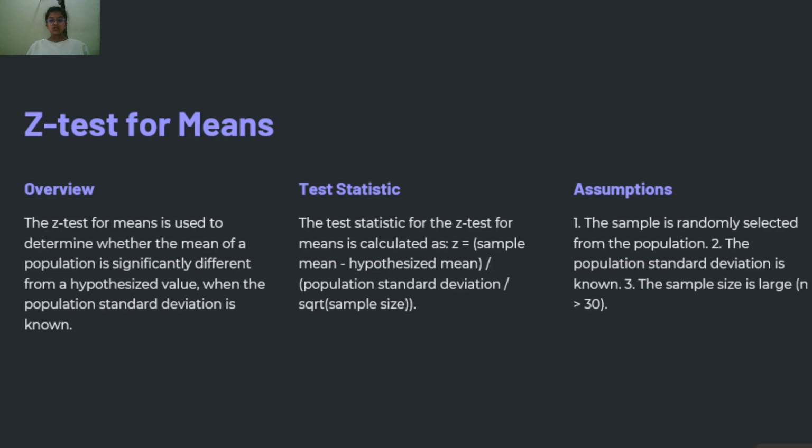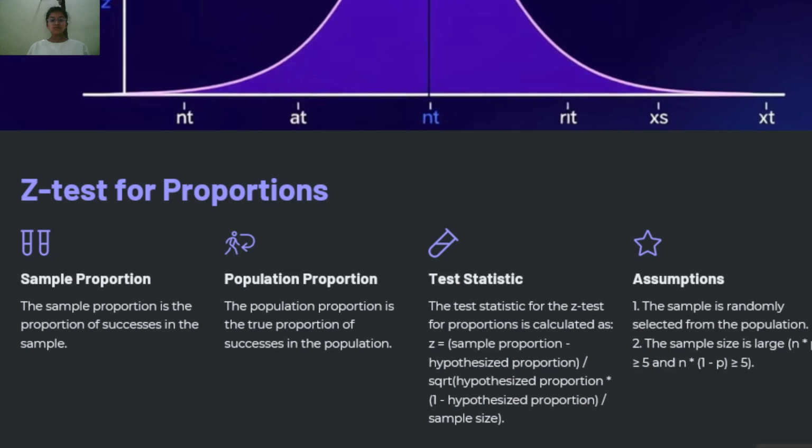Next, assumptions. For Z test for means, what assumptions do we make? The sample is randomly selected from the population, the population standard deviation is known, and the sample size is large, which is n greater than 30.